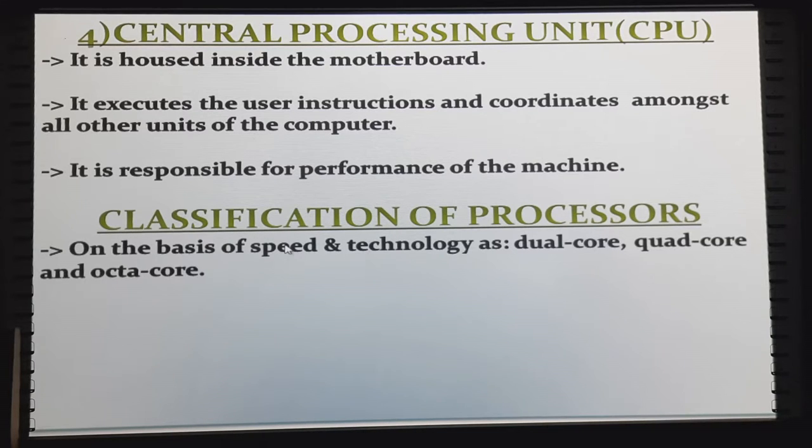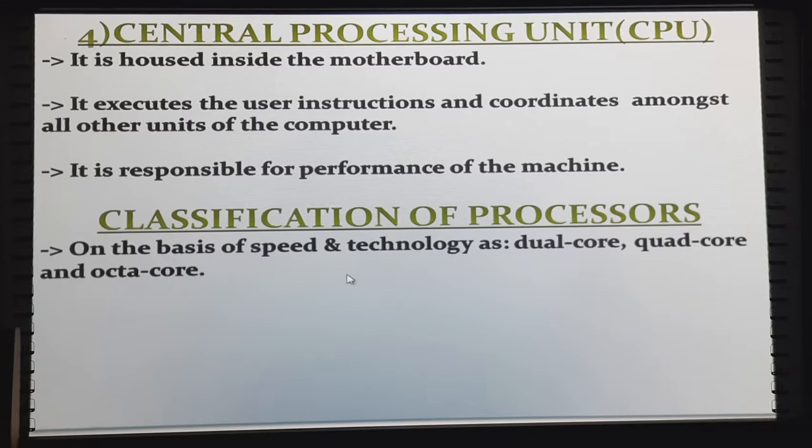If we classify the processor on the basis of speed and the technical specifications utilized, then it can be categorized as dual core, quad core, octa core. Nowadays a few more types of processor came up: Core 2 Duo, Core i3, Core i7, all those things also came in the market. All these types of processor are classified on the basis of speed and the technology that has been used.